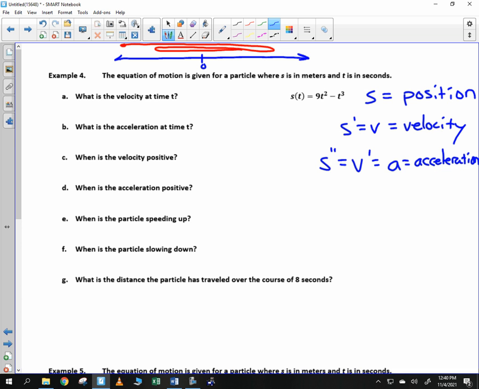All right, you're set to go. Question A. It says the equation of motion is given where s is in meters and t is in seconds. This is our position function. Can somebody out there please tell me the velocity at time t? Good.